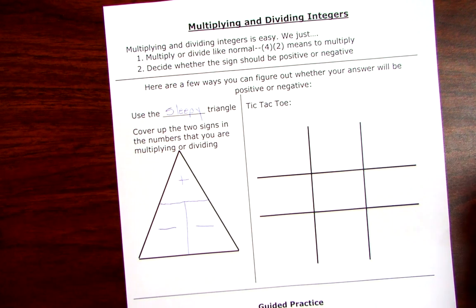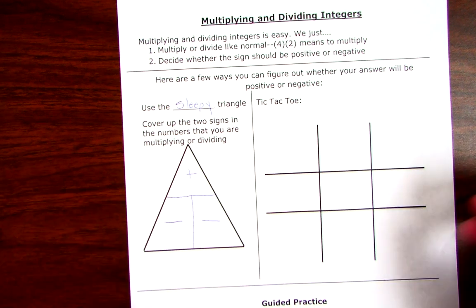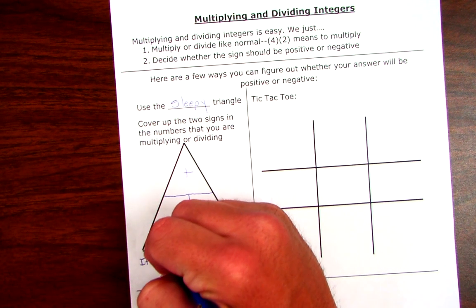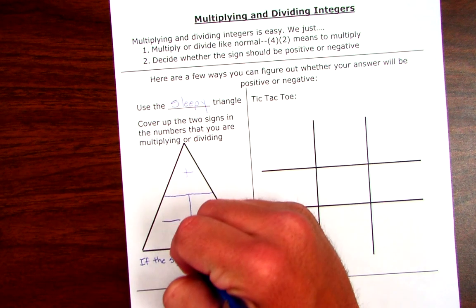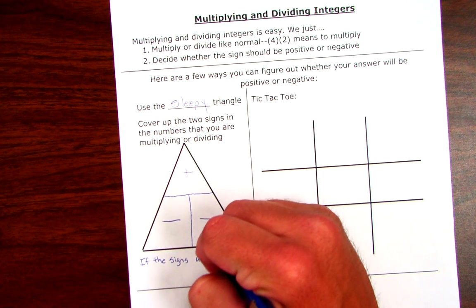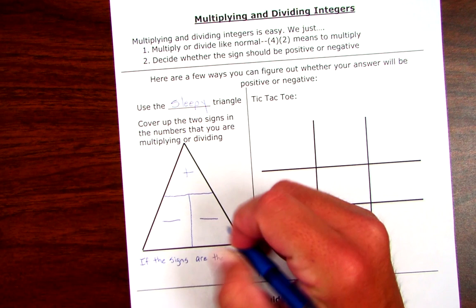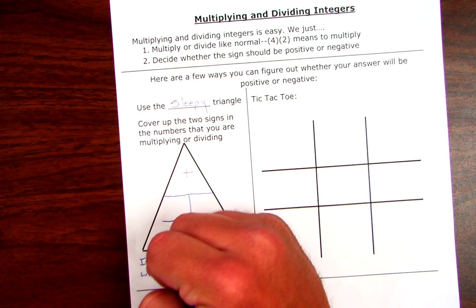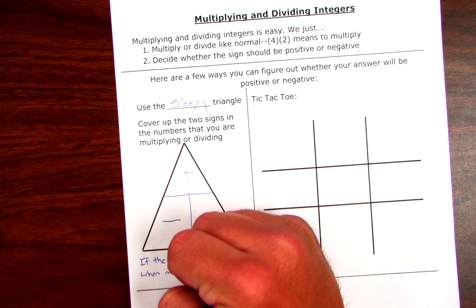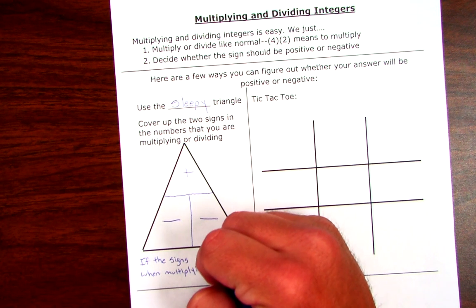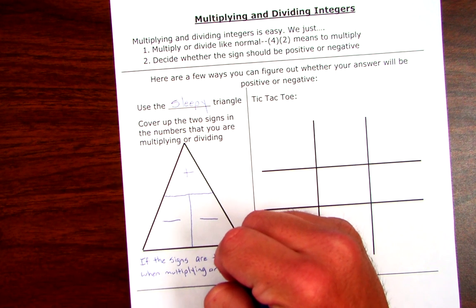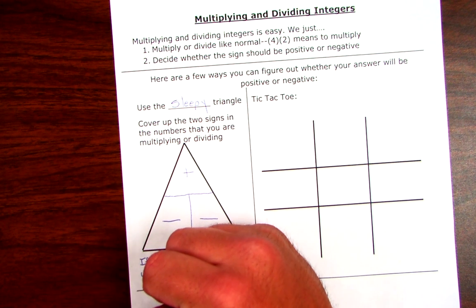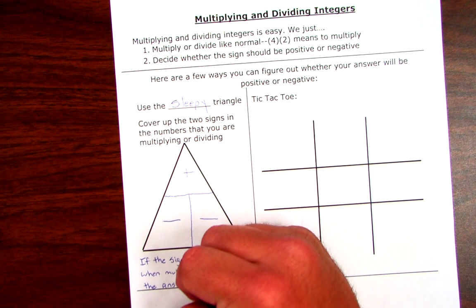So I'm going to keep this short and sweet. If the signs are the same when multiplying or dividing, the answer is positive.